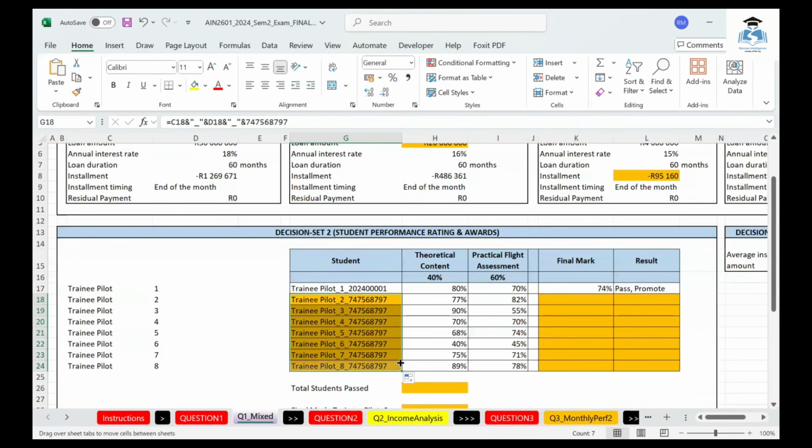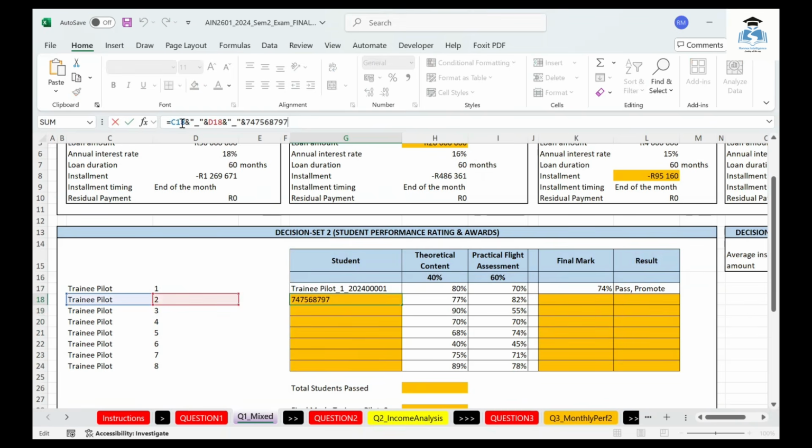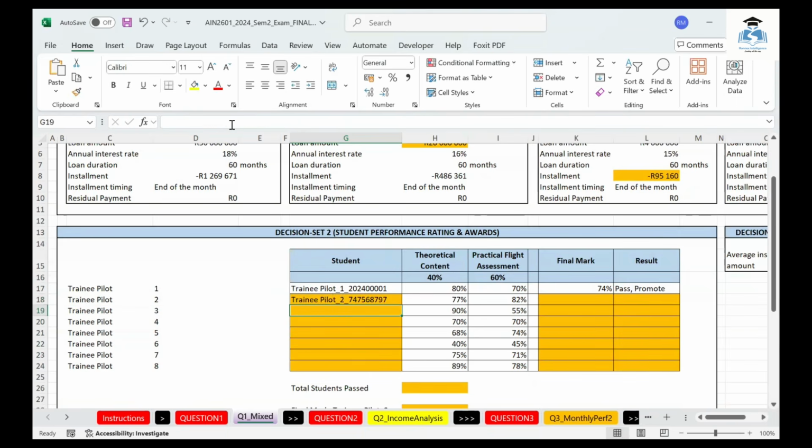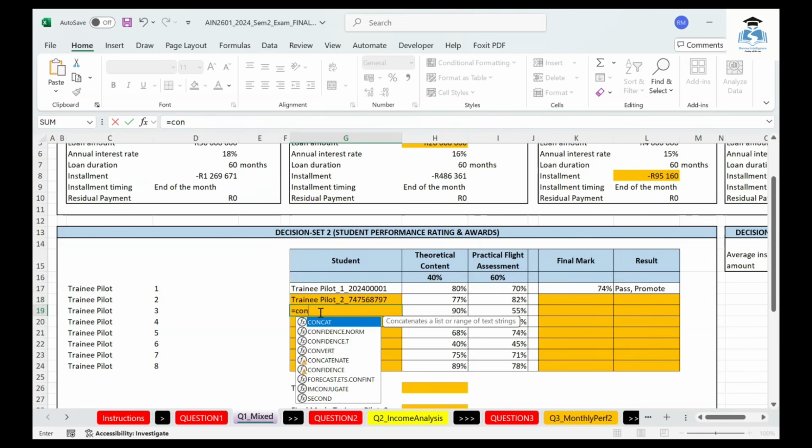There is also another one that can be used. Remember here we used this formula: C18 ampersand, then we open quotes, underscore, we close. So you can choose which one is easy for you. There is another one, which I think was not in your study guide, but they also recommend it. It's called concatenate.